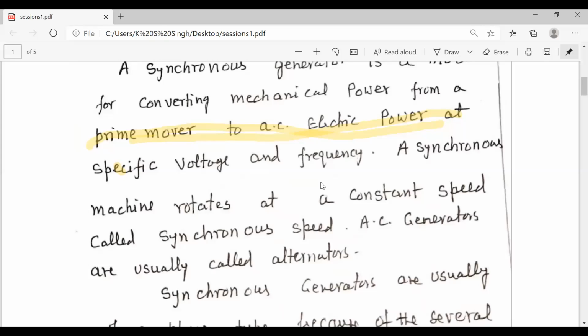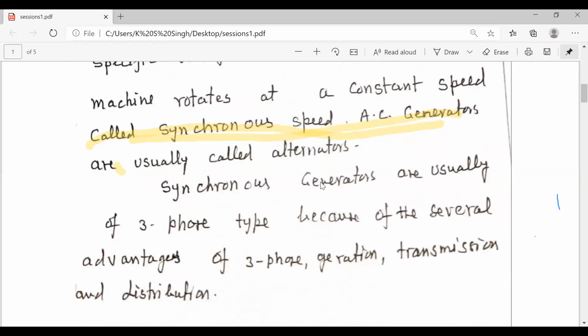I have already explained the principle of operation of AC and DC generators in the previous fourth semester. The principle of both DC and AC generators is the same, the only difference is that DC generators are used for small power generation and AC generators are used for large power generation, up to 5 megawatts or more.